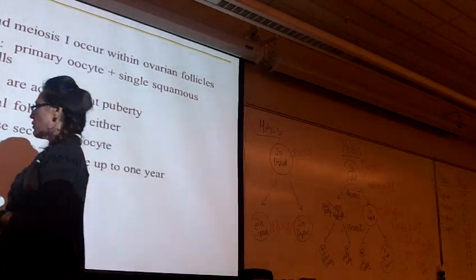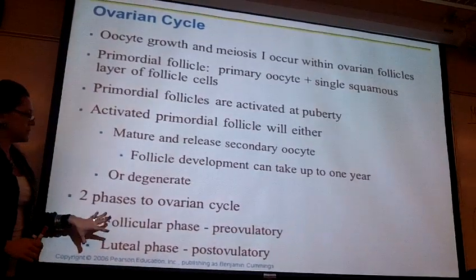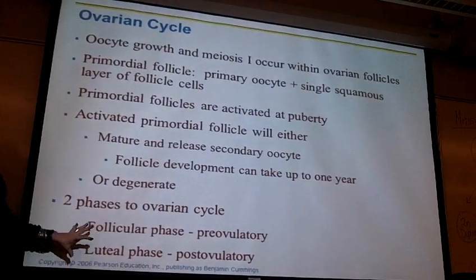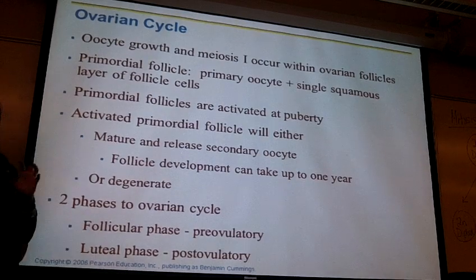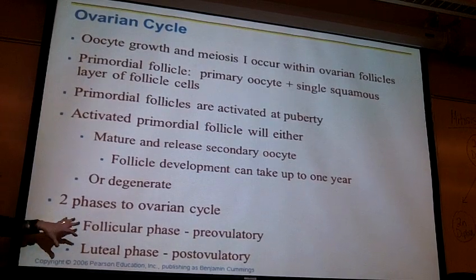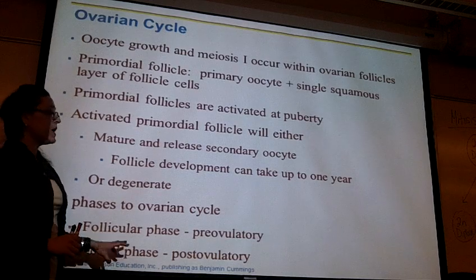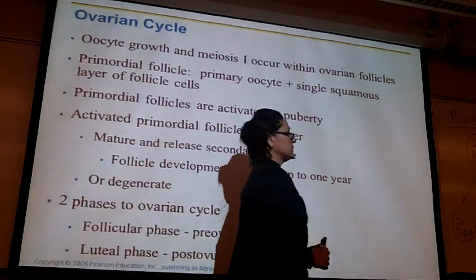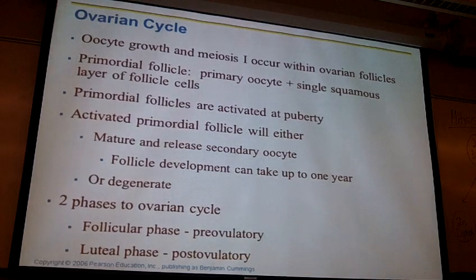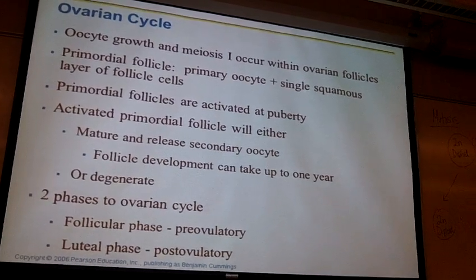Now, when we look at the ovarian cycle, we want to say, what are the different phases of the ovarian cycle? What's happening in these phases, and what hormones are influencing these different phases? And then what hormones are being released from the ovary. So I'm going to erase this stuff so we can put up the cycle.